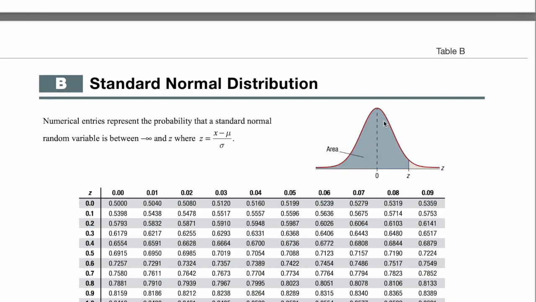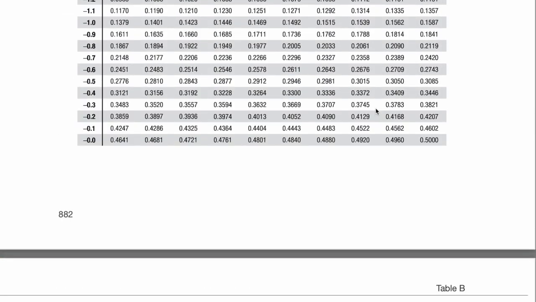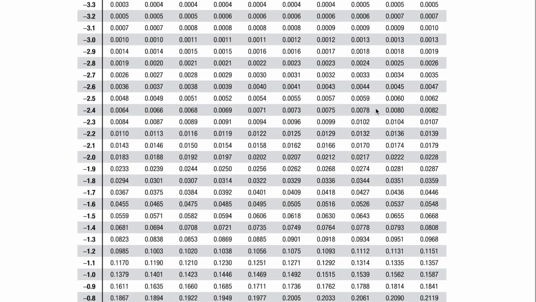So that will give you a reminder that if you're looking for the area to the right, this table doesn't give you that information. It gives it to you from the left. So then you would have to subtract from 1 and find the complement if you're looking for that area to the right.